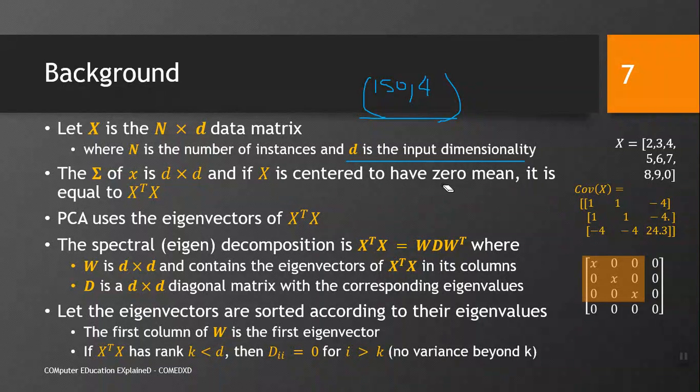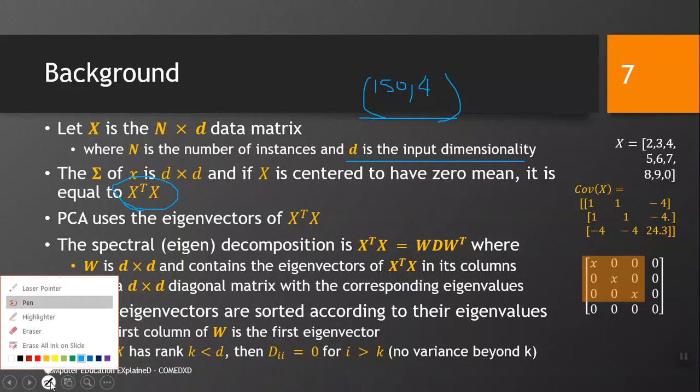And if X is centered to have a 0 mean, this covariance matrix would become equal to this matrix, right, where X transpose is X. So, why is this and what is this? Let us see that.